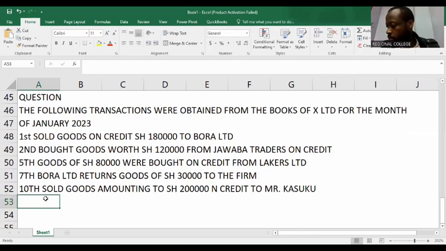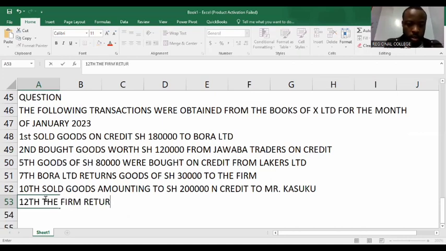Then on the 12th, the firm returns goods of shillings 10,000 to Jawabu Traders.